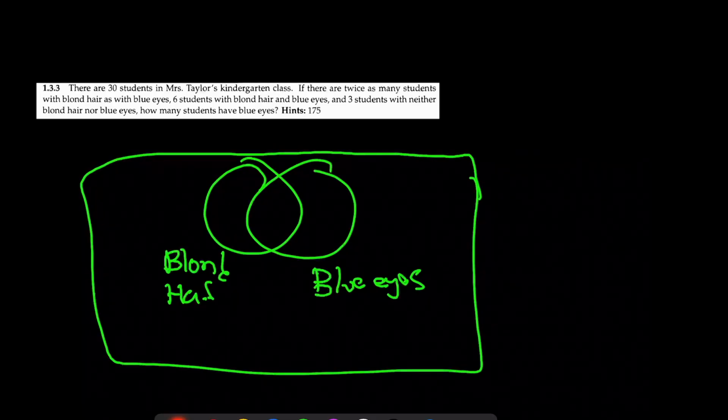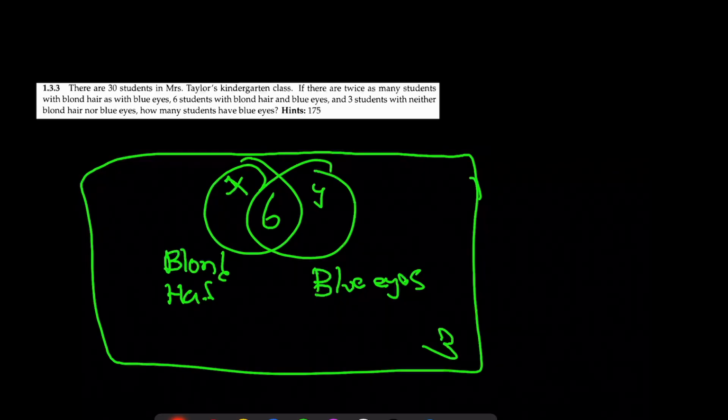And then there's neither, which is going to be outside. So there's 3 students with neither of them. And there are 6 students with both. Okay? Now let's just call this x and call this y.